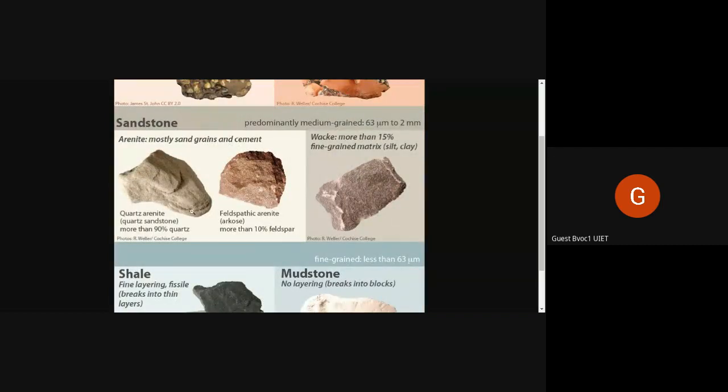Sandstone gives you these layers. It can be chipped off in layers. If you notice over here, you can see them.